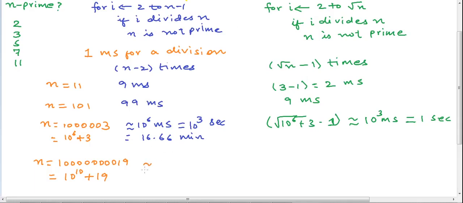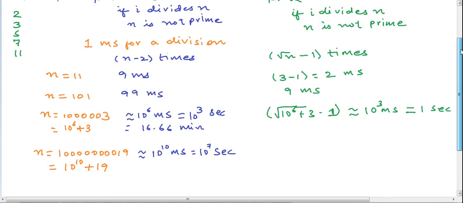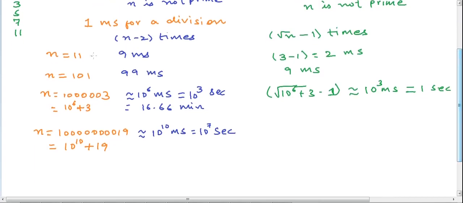So Ram's program will take close to 10 to the power 10 milliseconds, which is equal to 10 to the power 7 seconds. If you try to convert this to minutes, hours, and then days, this will be a little more than 115 days, which is quite an impractical time for a program to solve a problem.